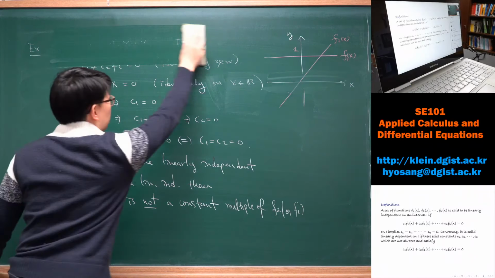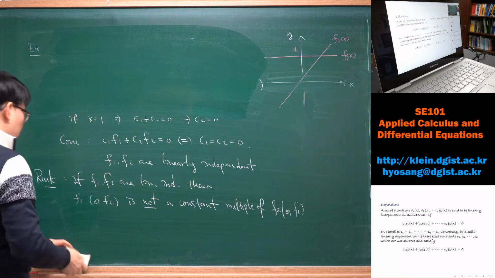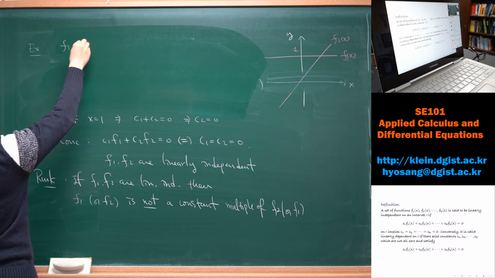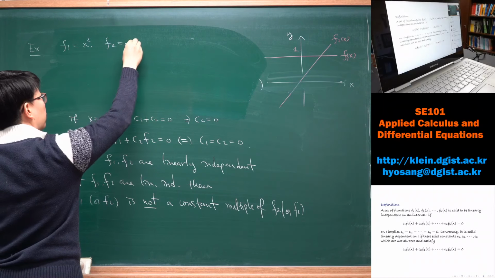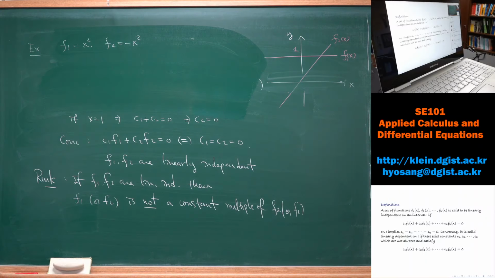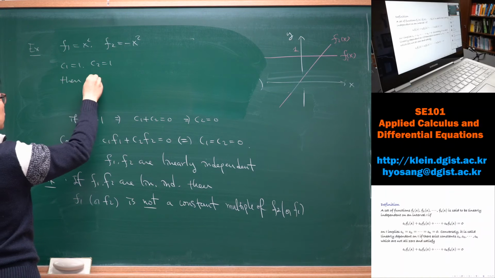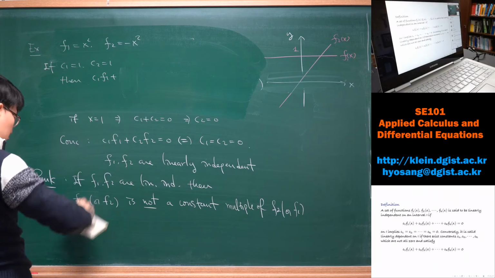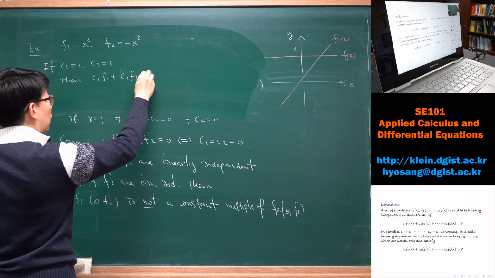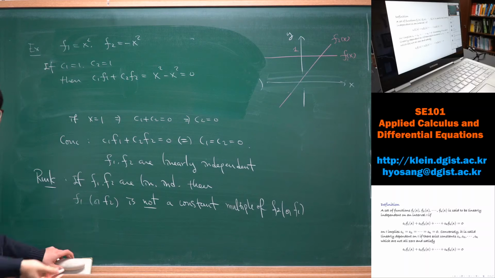Let's give linearly dependent functions. For example, let's say f1 is x squared and f2 is minus x squared. These two are linearly dependent functions because if I take c1 equals 1 and c2 equals 1, then c1 f1 plus c2 f2 is simply x squared minus x squared, equals 0, identically 0.